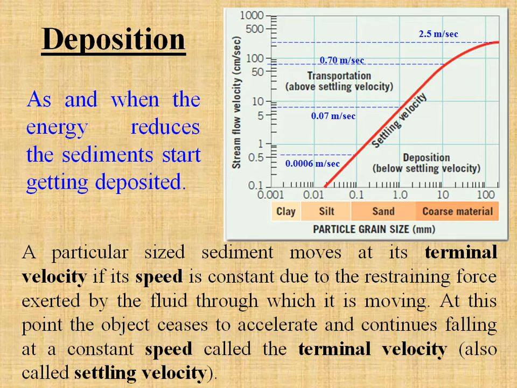At this point, the object ceases to accelerate and continues falling at a constant speed, known as the terminal velocity. That means terminal velocity is the velocity of the stream for a particular size sediment to just keep it in motion, keep it moving.